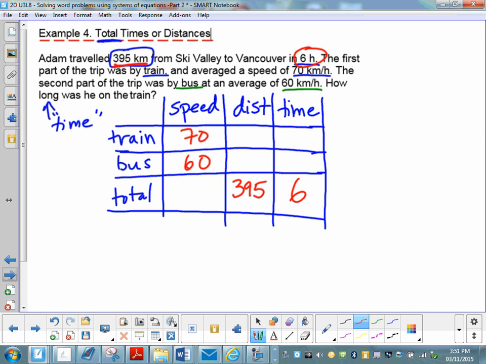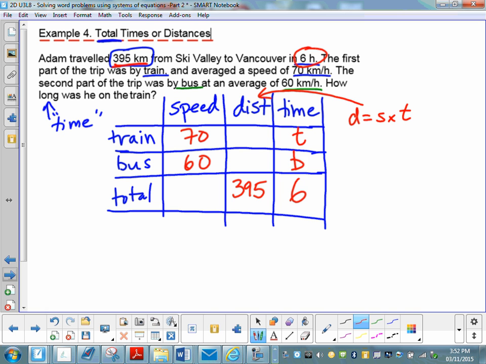Okay? We're trying to figure out how long he was on the train. So that's going to be one of our variables, the time on the train. We'll call that T. And that means that the other variable, even though we're not being asked to find it, is the time on the bus, which is B. So to come up with our distance expressions here, distance is equal to speed times time.